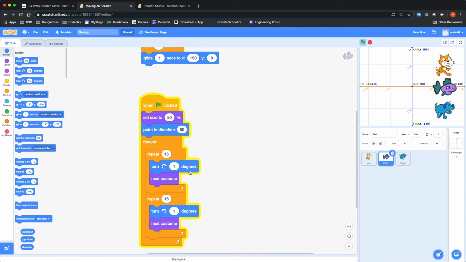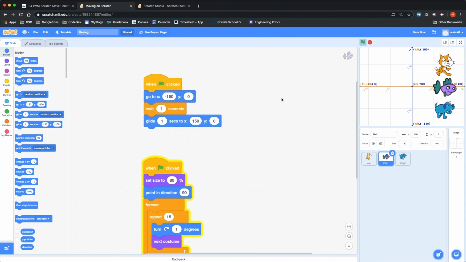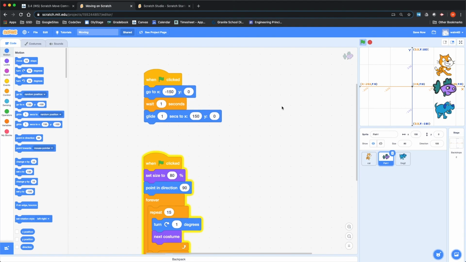So it's turning 1 degree at a time, back and forth, while flipping its fin. So some pretty active stuff. That has to be in a separate set of code than the wait and glide commands. Otherwise, nothing would happen while you're waiting or gliding. So you may need that to utilize those features in your final program.